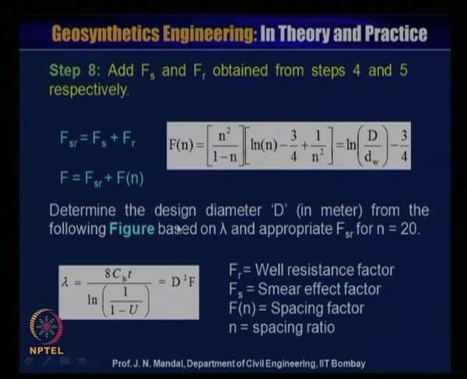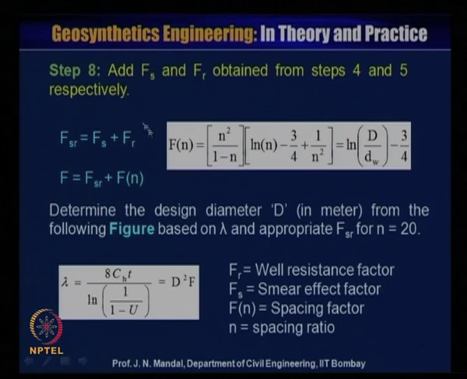So, determine the design diameter d in meter from the figure I will show you, based on lambda and appropriate FSR for n is equal to 20. Here you know that FR is the oil resistance factor, FS is the mere effect factor, and Fn is the spacing factor.